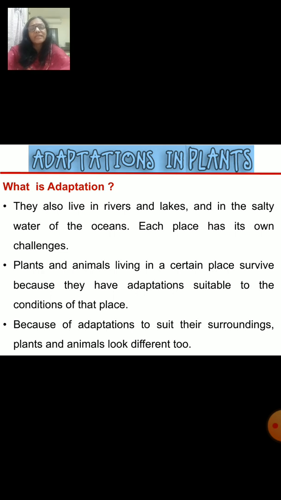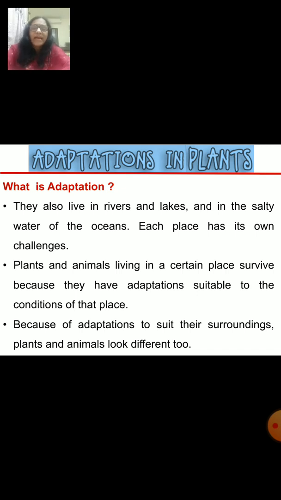So that's what I said. Adaptation means the plants or the animals, wherever they are living, on land or in water, are able to survive in those places. Why? Because they have adaptations suitable to the conditions of that place. Because of these adaptations, they are able to live there.